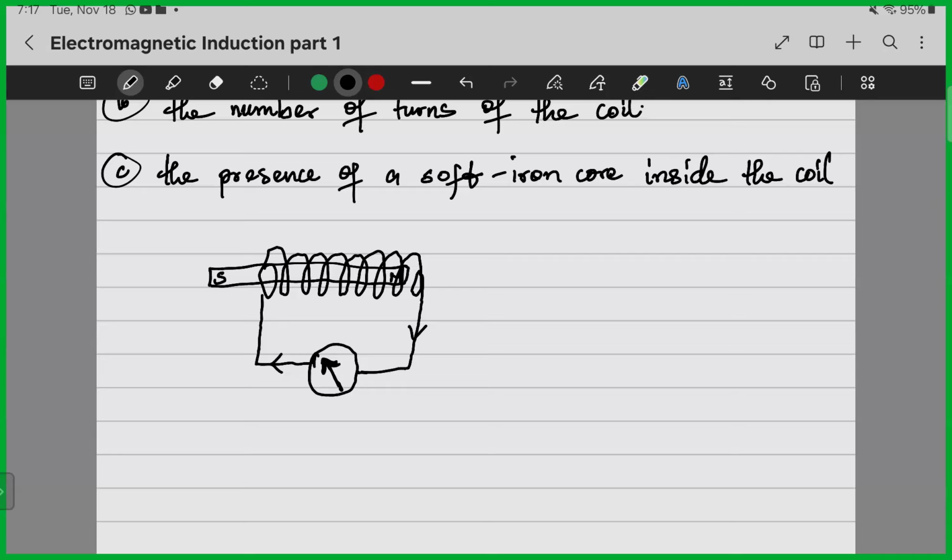We now have the magnet, and you are pushing it inwards. The magnet is plunged into the coil.